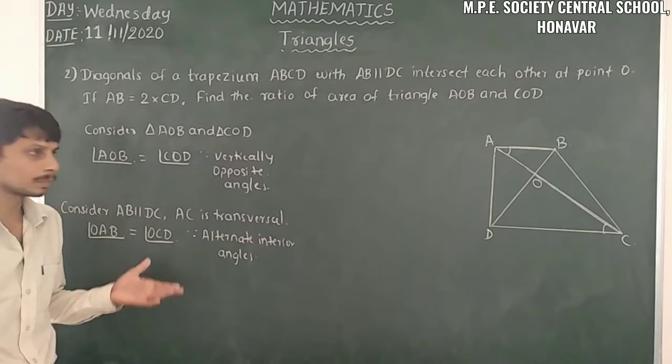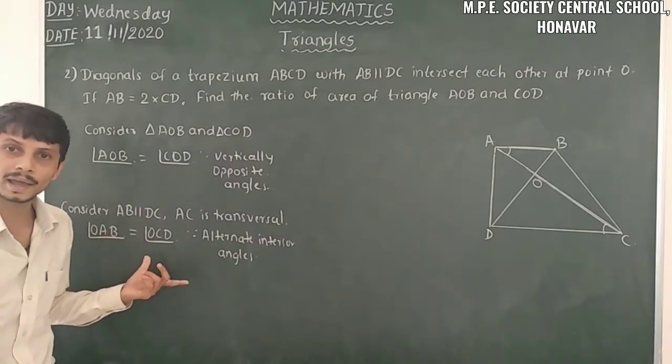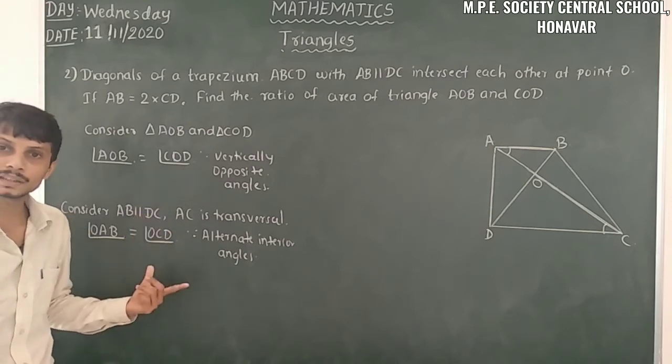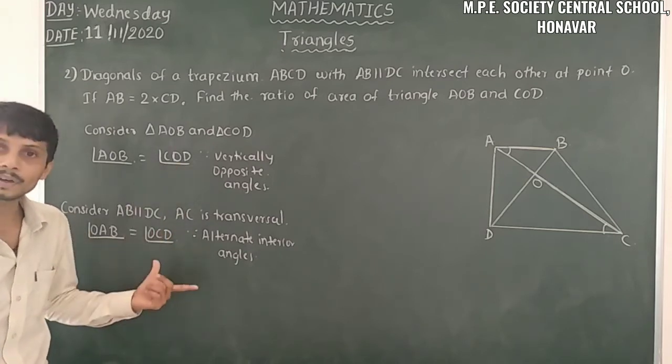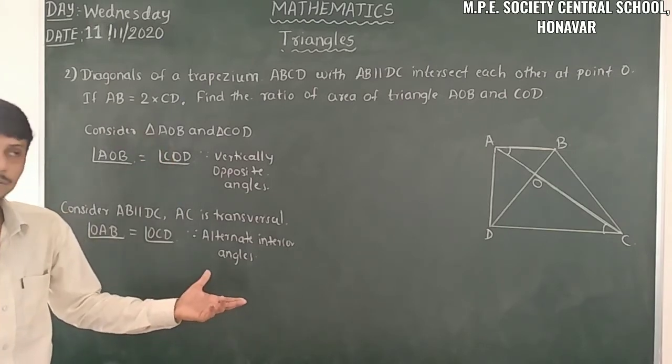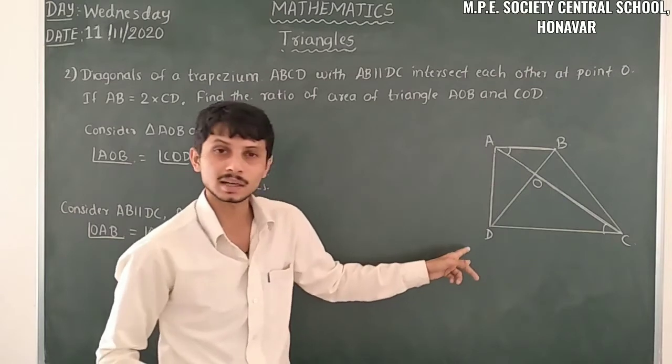Here we can stop because we have two pairs of corresponding angles equal, so we can consider those two triangles similar because we have the AA similarity criterion. Another angle is also possible when we take BD as a transversal.